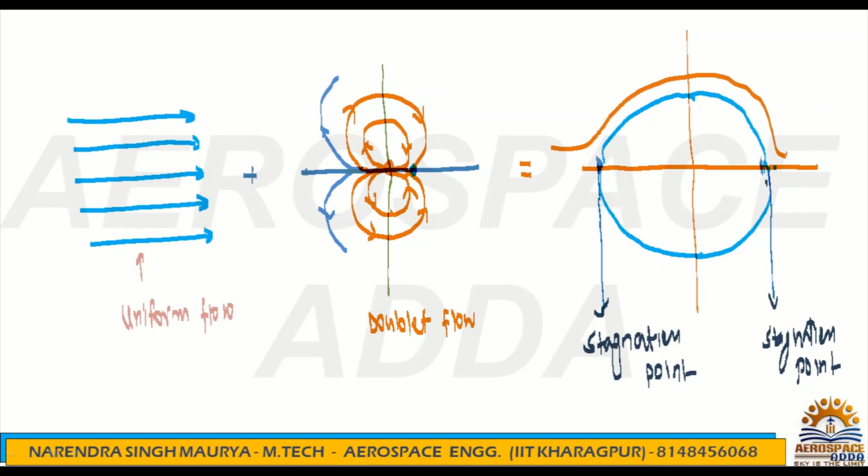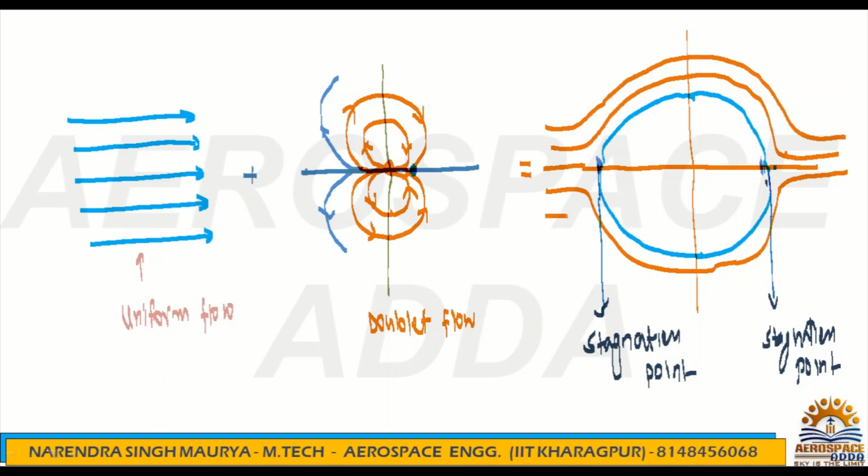And if you show the exact pattern, then the uniform flow will be continuous like this. This is the case of flow past a circular cylinder, something like this.